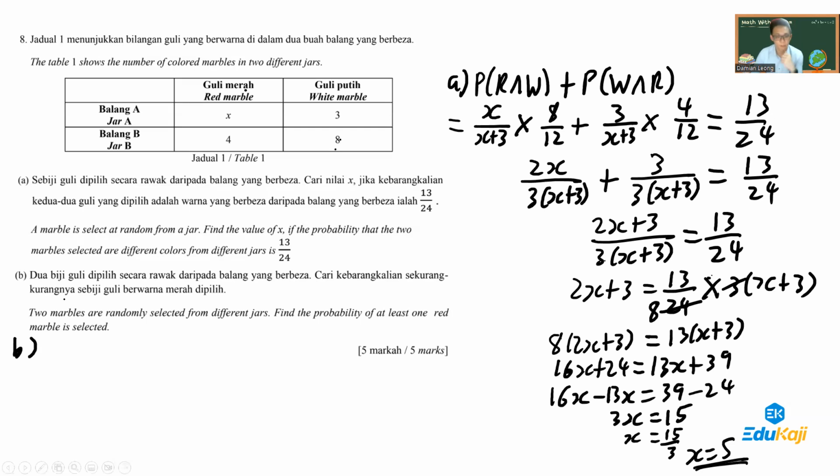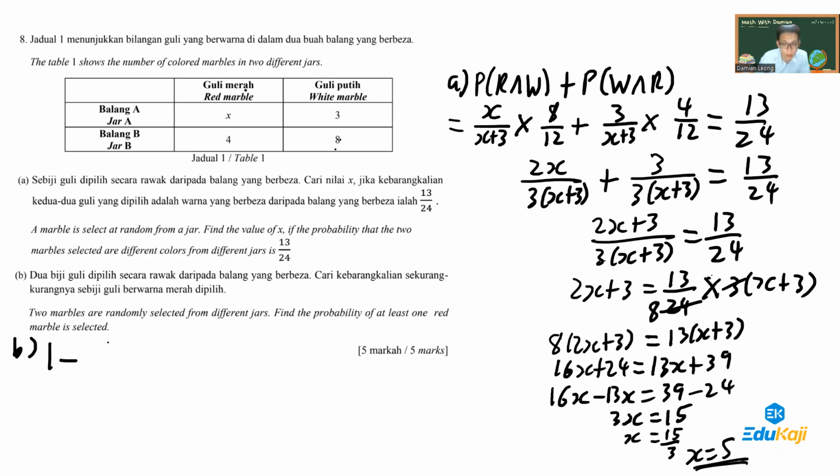Then part B, 2 marbles selected randomly from different jars. Find the probability at least one red marble is selected. At least one red means it can be red, white, red, red, or white, red. So instead of considering all 3 cases, the quicker way would be I take 1 minus probability that both are white.